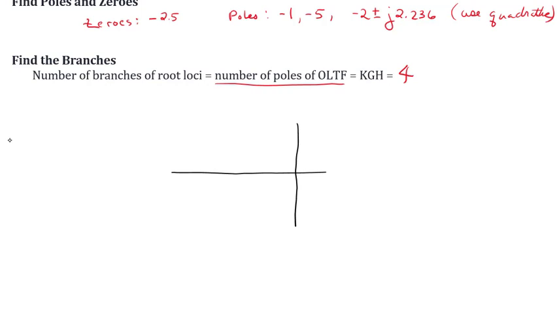Looks like we go up to a maximum of 5, so I'm going to make this a little bit bigger. 1, 2, 3, 4, and -5. And then 2, 3, 3. So again, imaginary and the real axis.